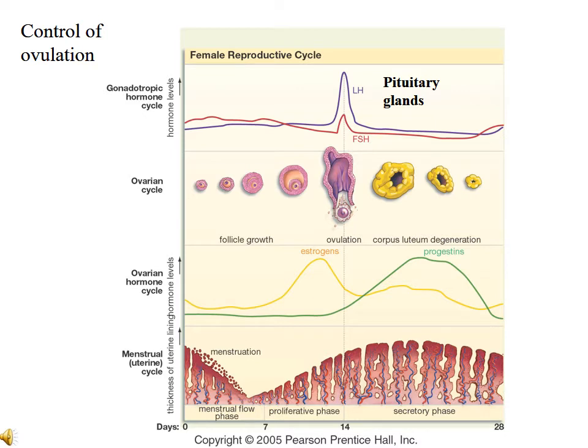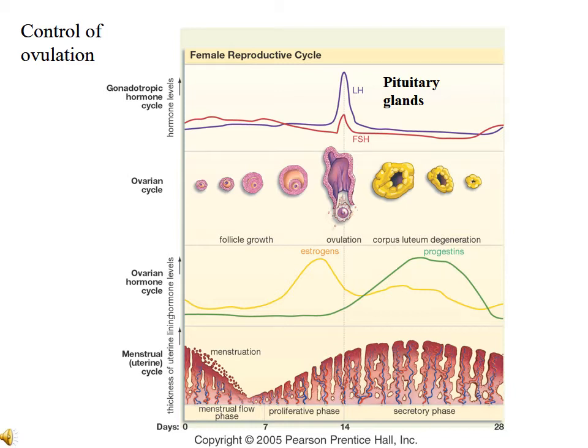At the same time this is going on, we see that estrogen and progesterone are also peaking. These two hormones have the responsibility of maintaining the integrity of the lining of the uterus. These two hormones, by the way, are produced by the cells that surround the egg, and eventually most of these hormones are produced by the corpus luteum itself.